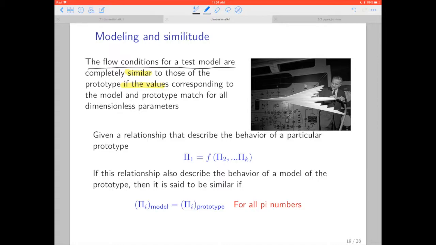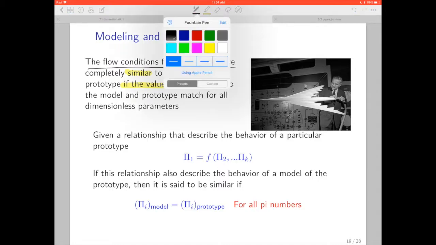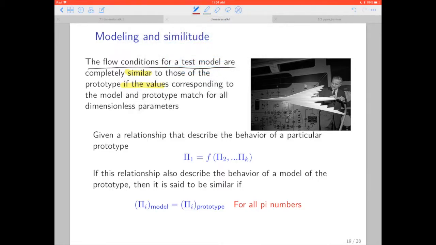So if we have a relationship like this one, pi 1 equal to a function of pi 2 to pi k, we have pi numbers. They are similar if all the pi numbers are the same in the model and the prototype.